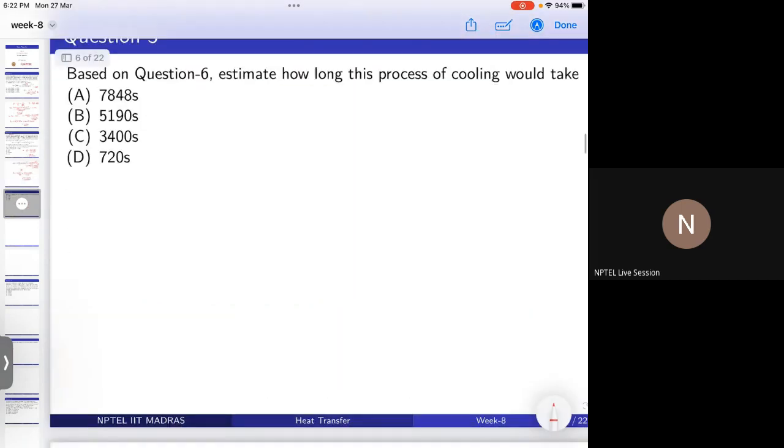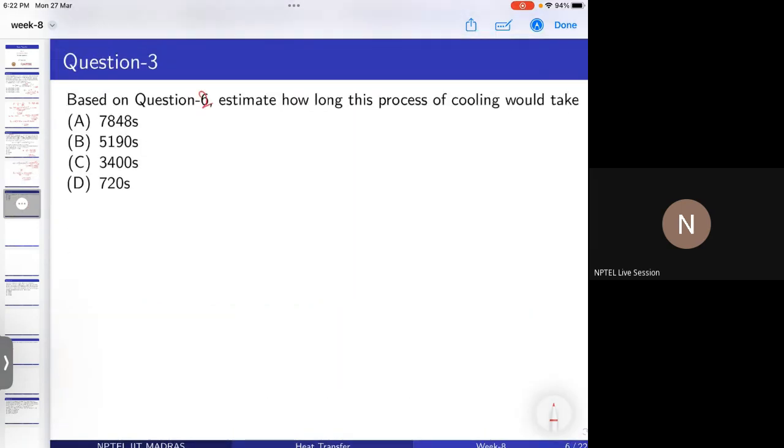This is a continuation of the previous question. Based on question number two, we have to estimate how long this process of cooling will take place. It's like a transient heat transfer problem. I will tell how to proceed, or otherwise, can you tell how to solve this?